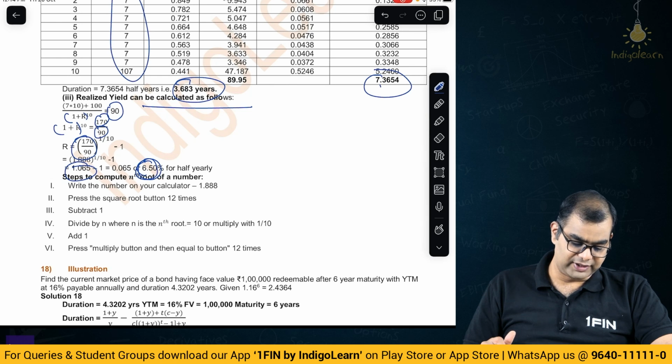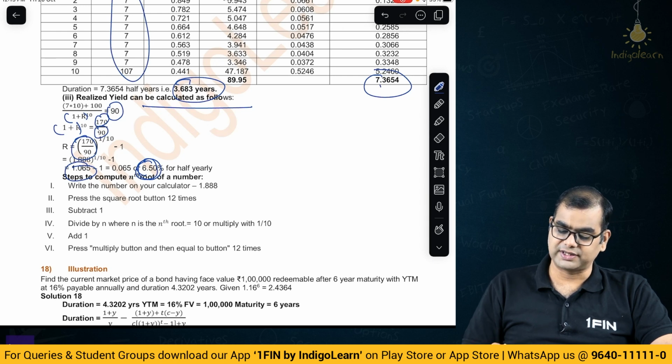Divide this by n, where n is the nth root, so you divide this by 10. Then you again add 1. Then you press into is equal to 12 times: once, twice, thrice, 4, 5, 6, 7, 8, 9, 10, 11, 12. So you get a value 1.06556.